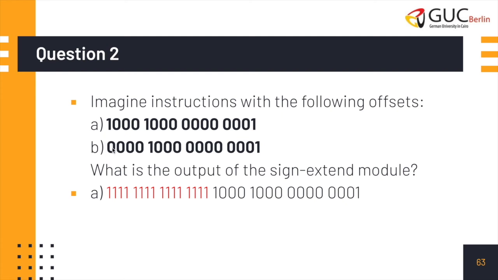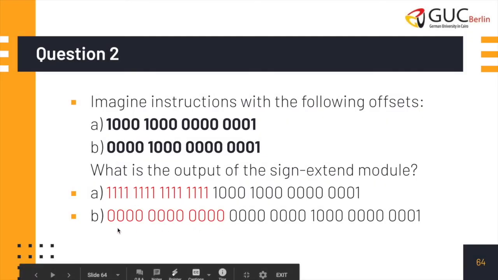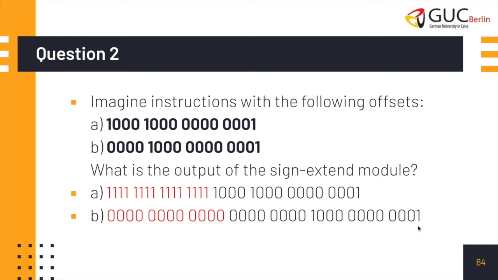It is 0. It means the number is positive. So I need to add 16 zeros to the left. As you can see, we added 16 zeros to the left, and then this is the rest of the number. This is the output of a sign extend module, and you need to know how it actually operates: it duplicates the sign bit 16 times to the left.